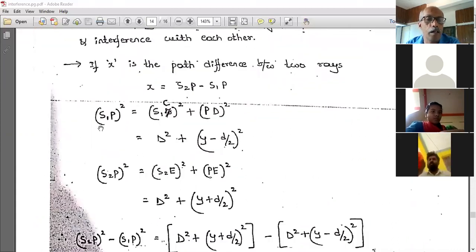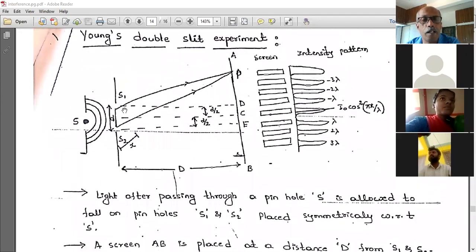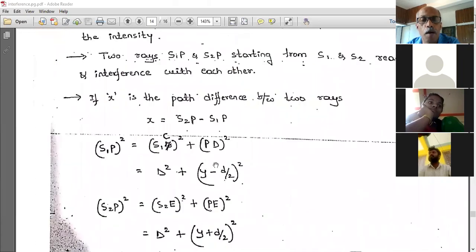S1D is nothing but capital D, the distance between the slit and the screen. And PD is taken as equal to y minus d by 2.